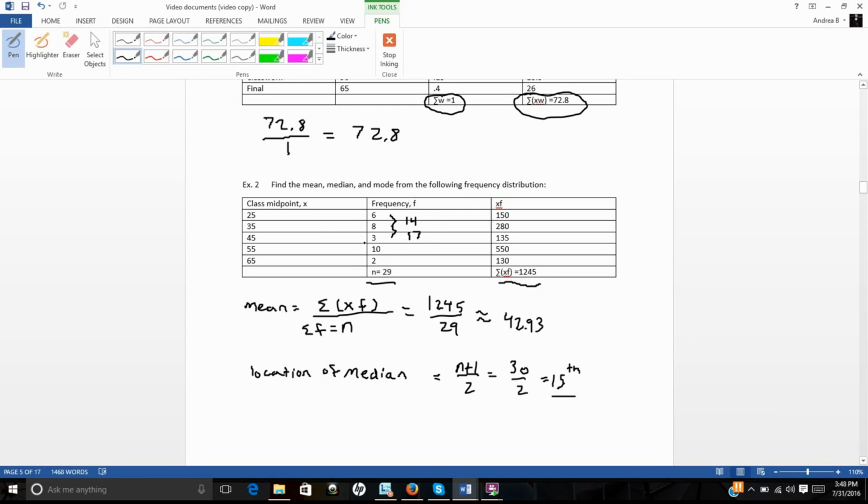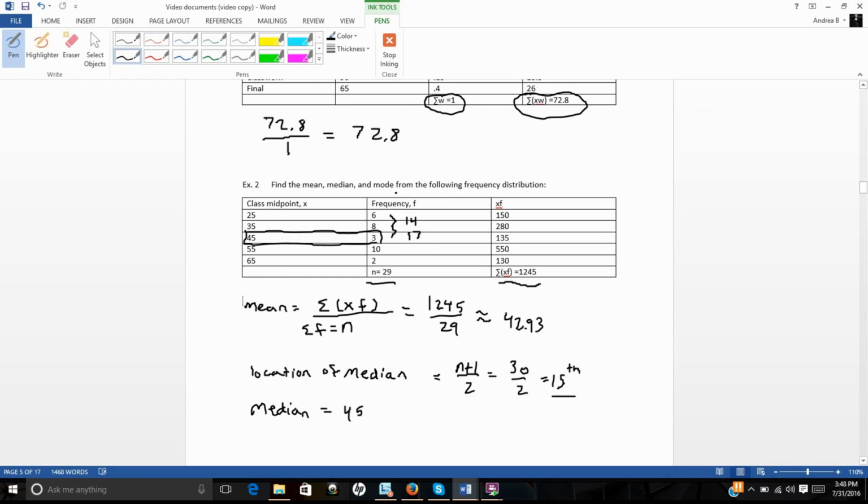So that means the class that has 45 as the midpoint is going to be your median in this case. Whenever we're writing out our median from our frequency distribution, we look for that position first, and then we use the midpoint value for the median.